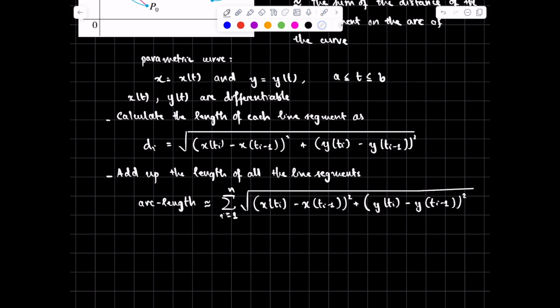In this context, n is the number of line segments that you want to use in the approximation.